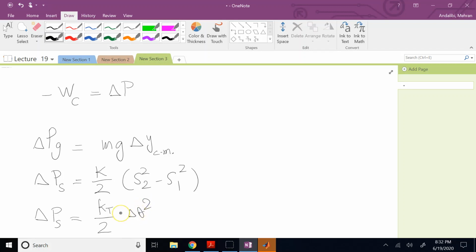Okay, if you want, I can write it at a single point instead of the delta. So if you want to write it as a single point, we can write it like this.